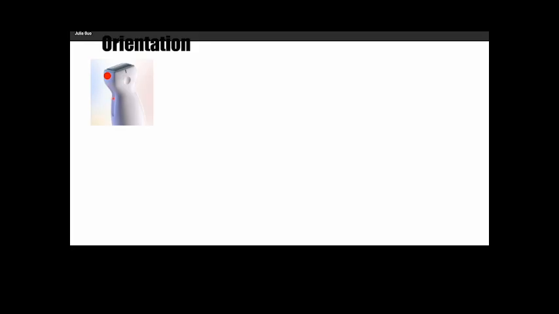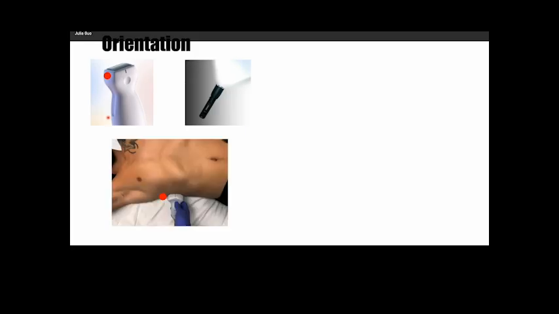This is the indicator, so it indicates which direction your probe is pointing towards. Also, I want you to imagine your ultrasound probe like a flashlight. So now, this is the patient, the head is here, feet is here, patient is supine. The indicator is pointing towards the head side of the patient, right? Pointing towards the head.